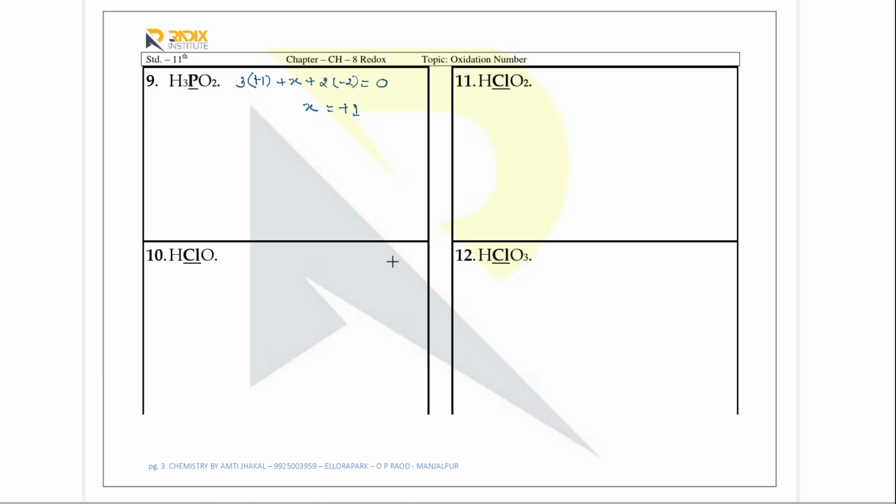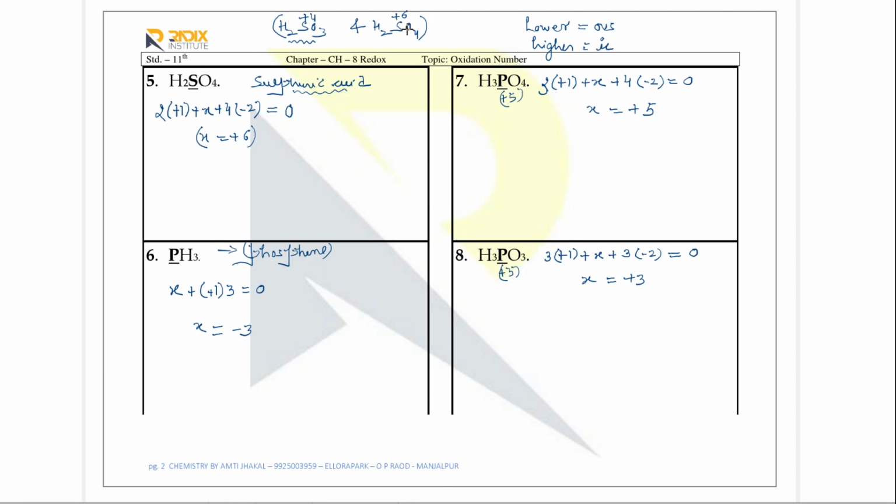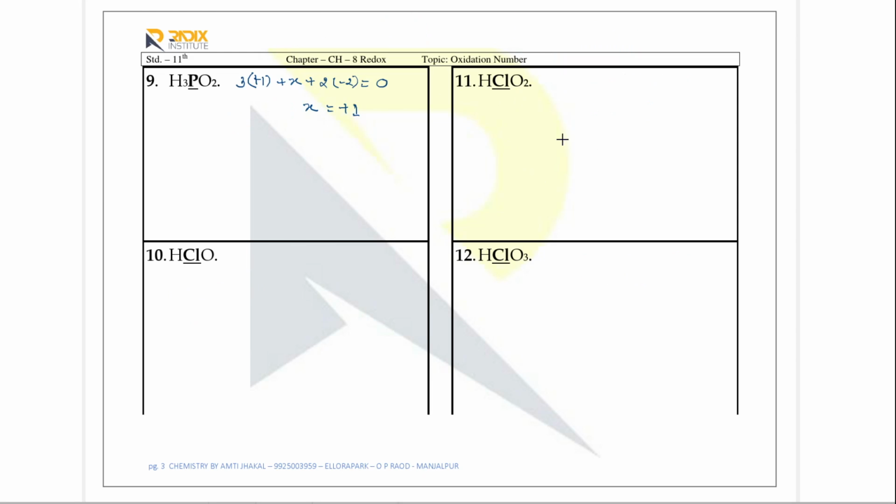Now we discussed earlier that in the oxo acid, the lower oxidation state is called ous and the higher is called ic. But that was the easier condition because we had only 2 oxo acids. But in the case of phosphorus, now we have 3 oxo acids.